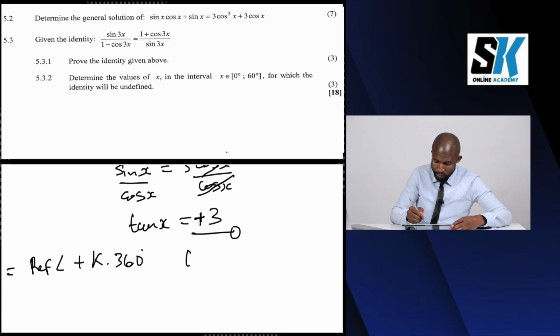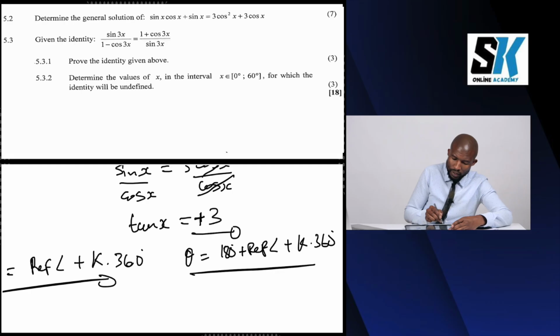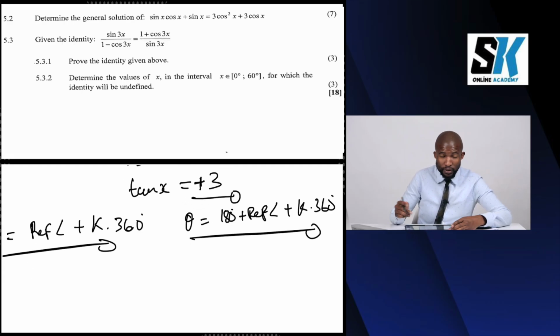Also tan is positive where, so we're going to say theta being equal to, quadrant 3, which is 180 plus theta. So it's going to be 180 plus our reference angle plus k times 360. So that is where we're going to look at our general solution for this equation.